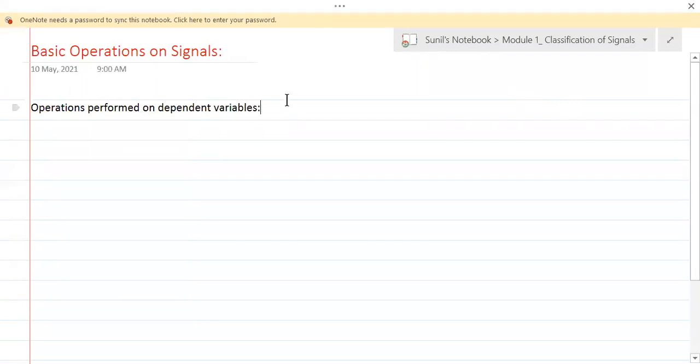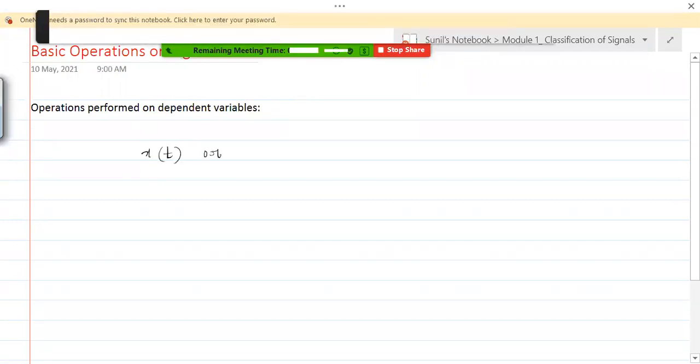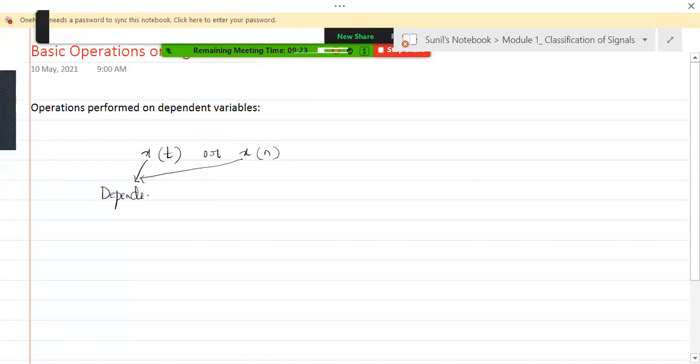Okay. Now, what is dependent and what is independent? We shall try and understand. Everybody just concentrate. If we have x of t or x of n, okay, this x is the dependent variable.